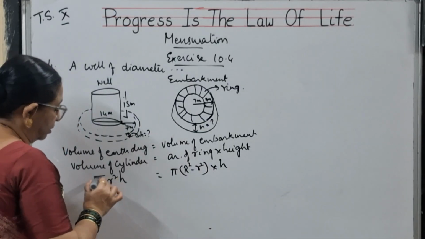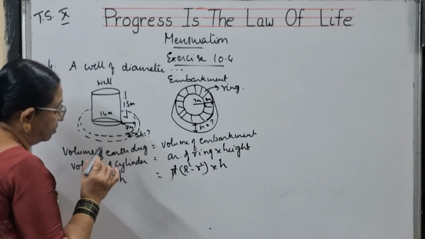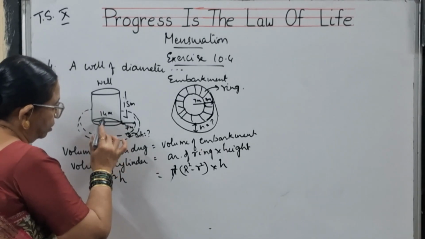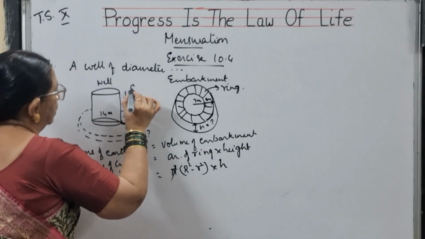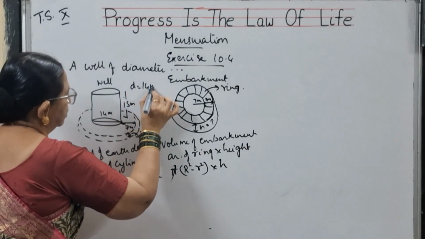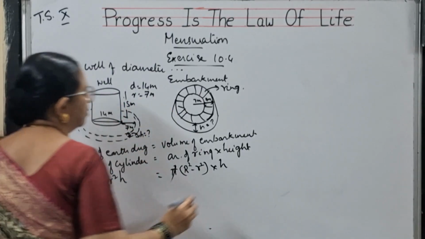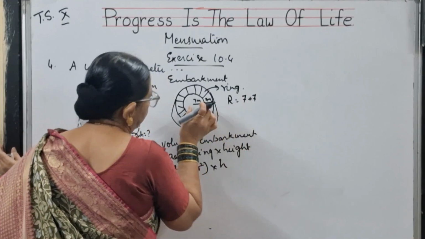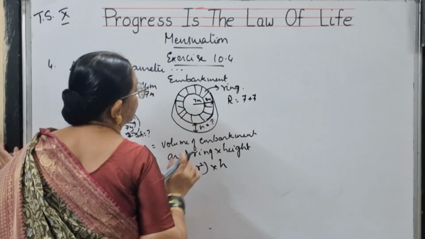So here this pi and this pi I can cancel, and this r is the radius of the well. So here the radius is how much, children? Diameter is 14 meters, so radius is 7 meters. And in this case, capital R is 7 plus 7, because 7 meters is the radius of the well and 7 meters is the width.